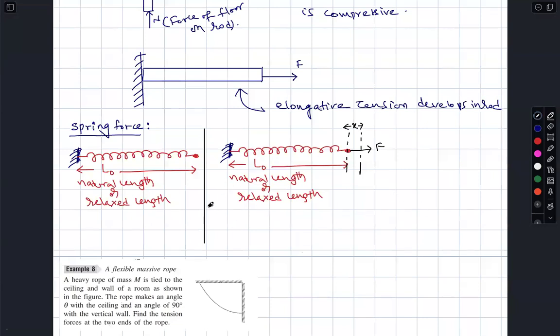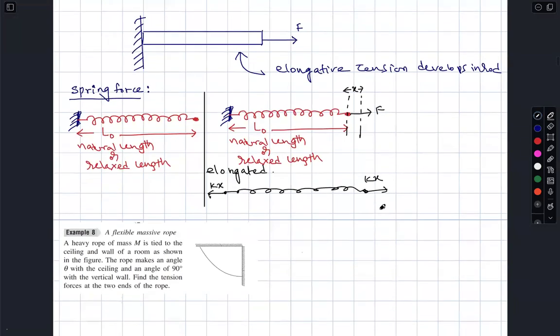Now you will call it elongated. The spring is elongated and the spring will now experience two forces, Kx, Kx. This is the free body diagram of the spring.